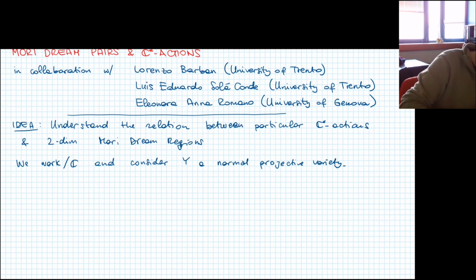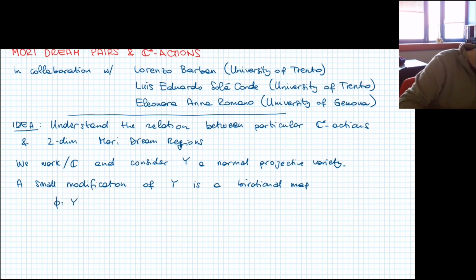And recall that a small modification of Y is a birational map phi that goes from Y to Y prime, with Y prime still normal projective.